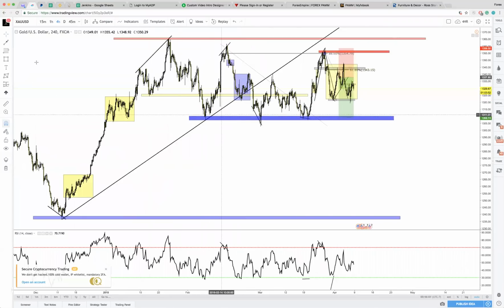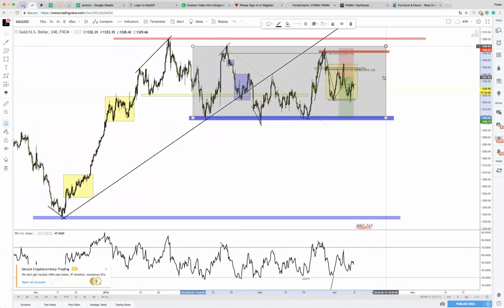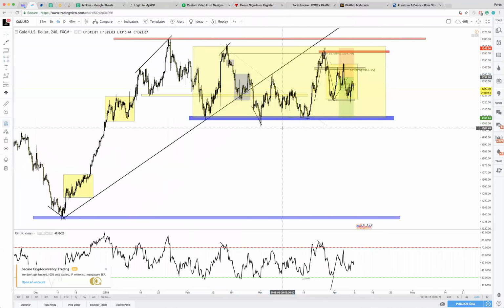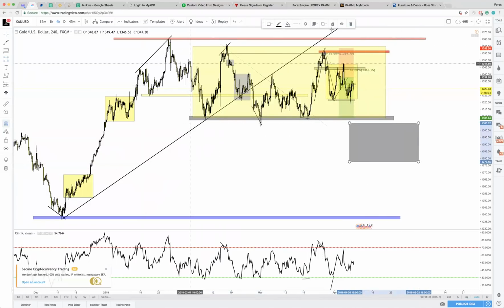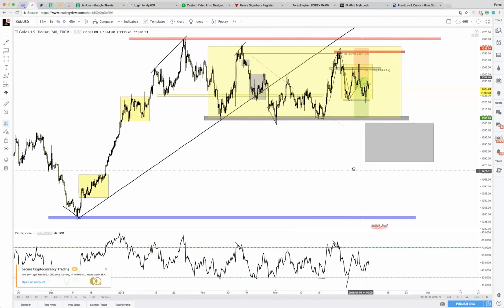This is a level 1 consolidation in a bigger time frame, but on a smaller time frame it's a different story. This whole thing is one big consolidation. And what I'm waiting for is a nice breakout right about here to create a nice level 2 right here. So let's wait out and see how it really plays out.